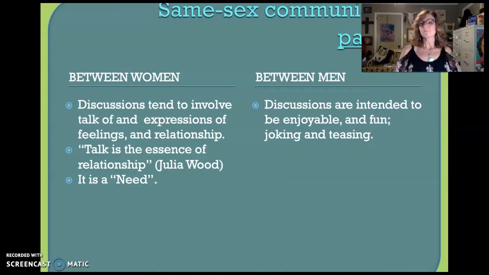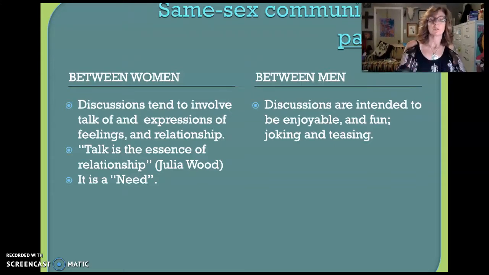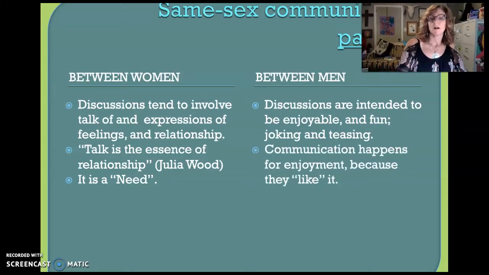And men are more comfortable just not talking about anything too serious. Oftentimes in heterosexual relationships, men will talk to other women, maybe their women friends or their wives or their girlfriends, about things that are more serious. They're more comfortable doing that.